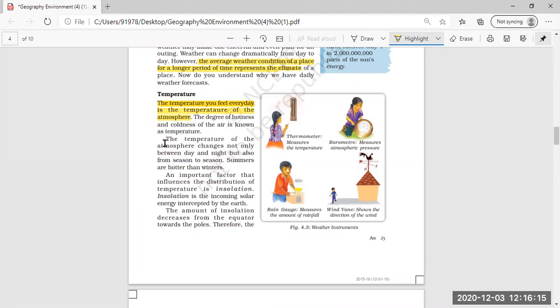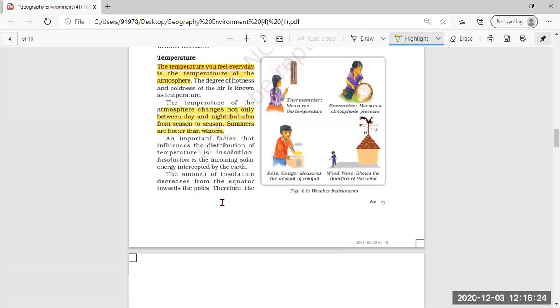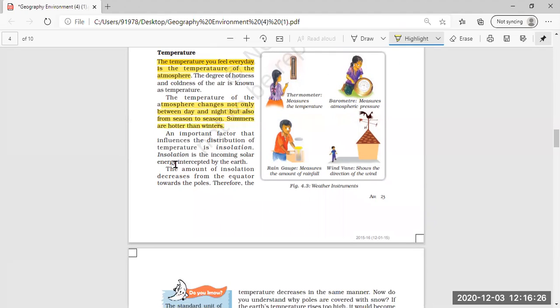So the temperature of the atmosphere changes not only from day to day but from season to season also. An important factor that influences the distribution of temperature is insolation. Now, what is insolation? Insolation is the incoming solar energy intercepted by the earth.